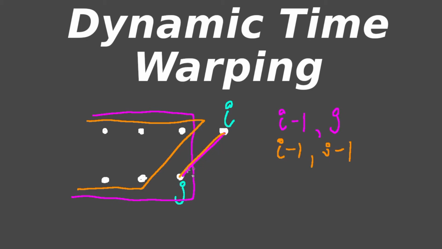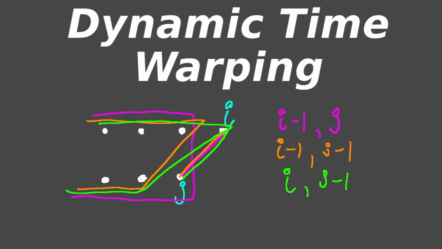That's like using the solution to this subproblem that I've drawn out in orange. This element here in the pink solution is forced to be paired with j because it's on the edge, but by introducing this new element i, we're freeing it up to have the option of pairing with the element before it.